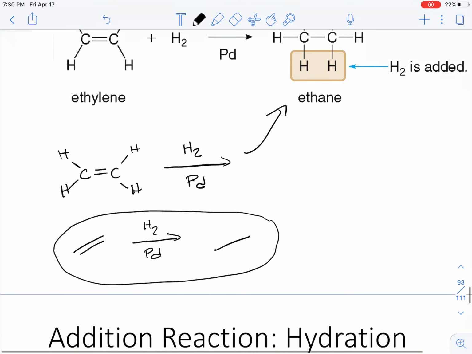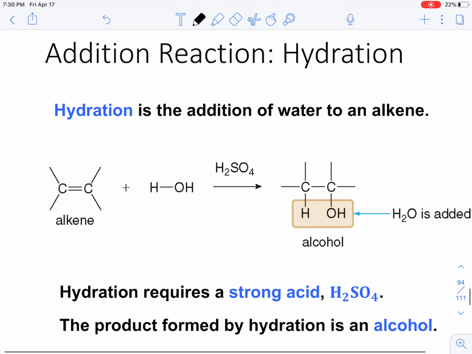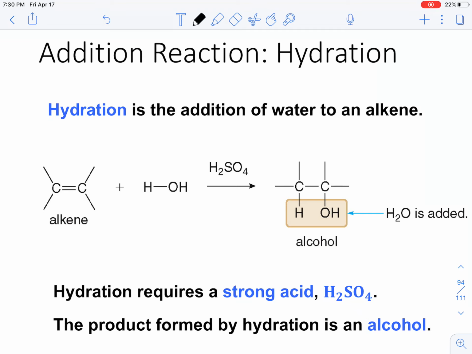All right. And so the next addition reaction that we're going to discuss is hydration. Now you're thinking of water, to hydrate yourself. And so hydration is the addition of a water molecule to an alkene.